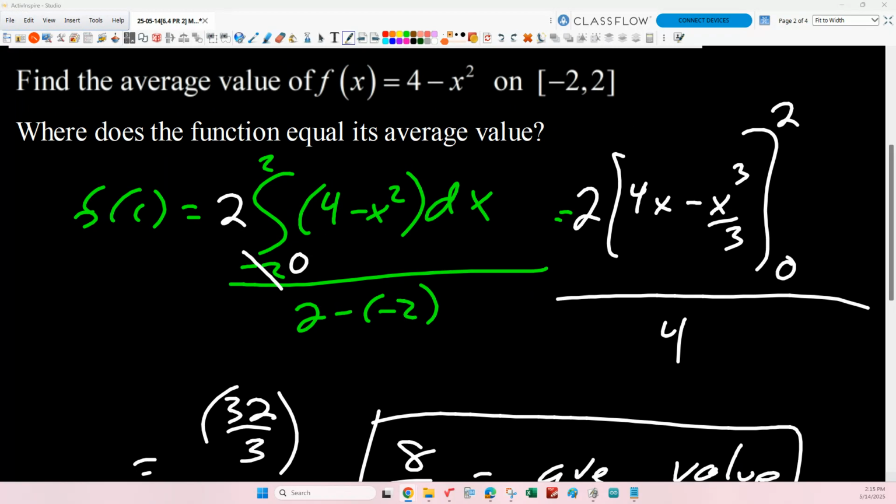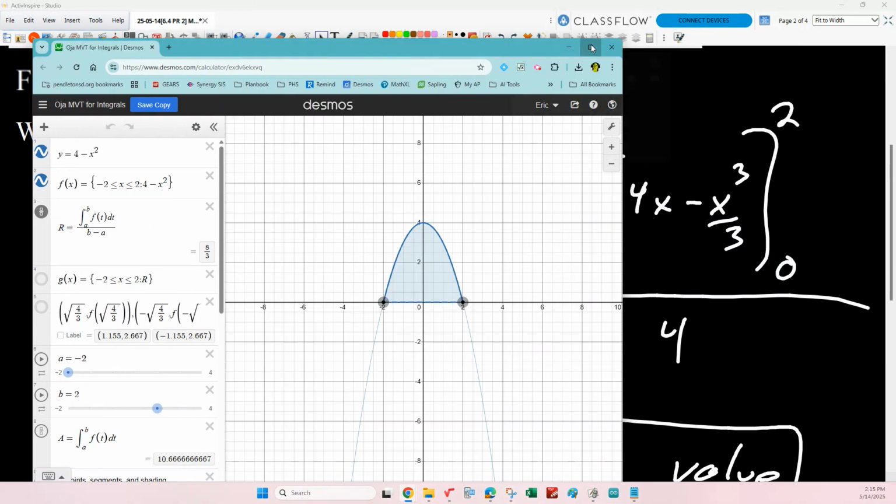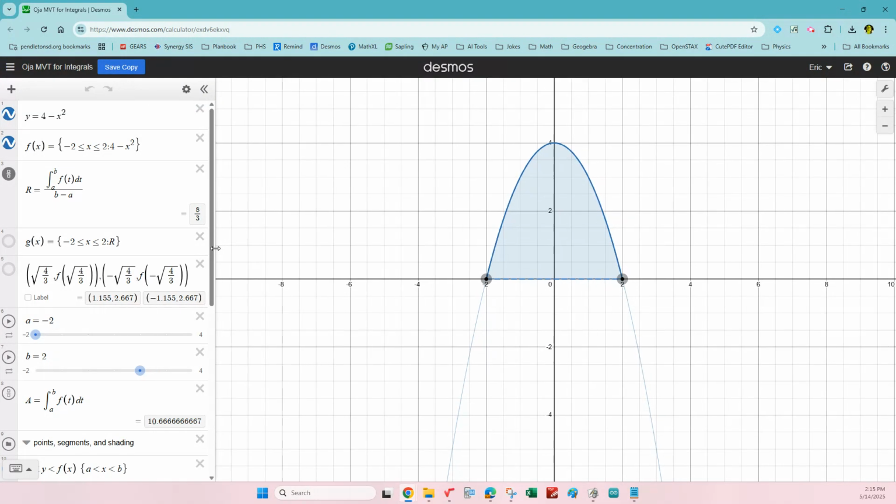Okay? And if we want to just see this, here, let's just look at it. Hey, all right, I had it graphed. Good deal. So there's the function, right? Everybody see that? That's our function from -2 to 2.